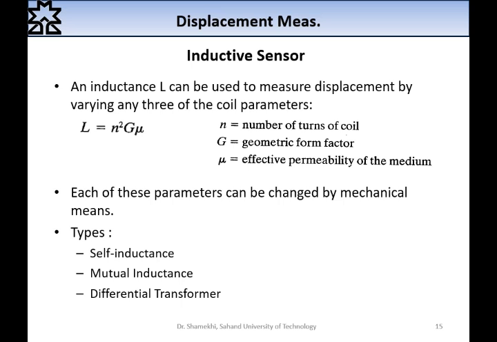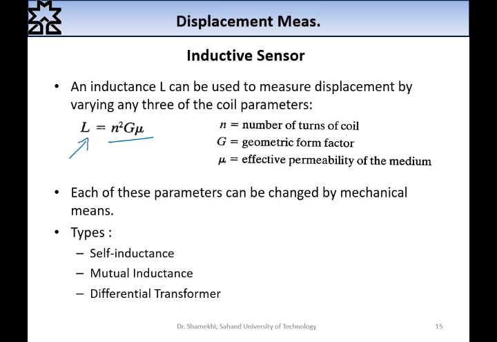As we know, the value of the inductance L can be measured by this equation: N squared multiplied by the geometric form factor and the effective permeability of the medium, mu.